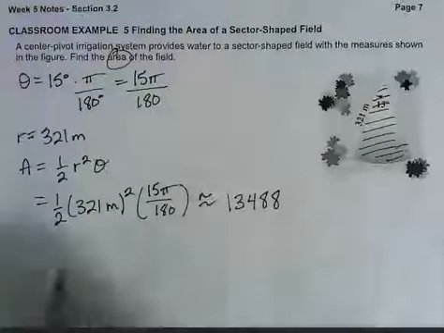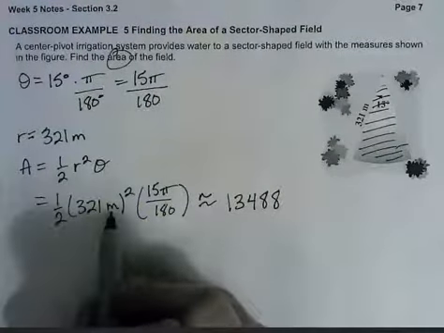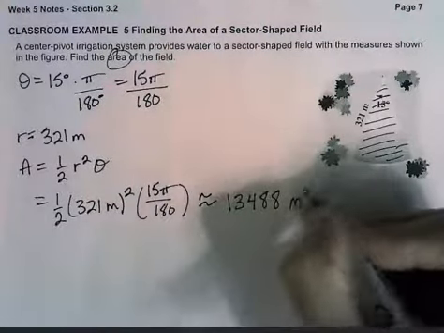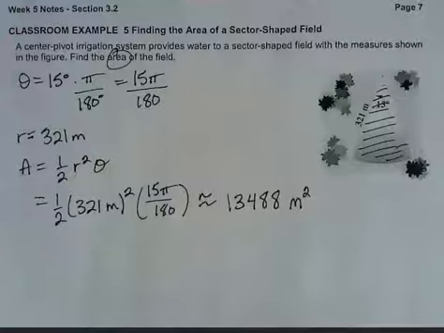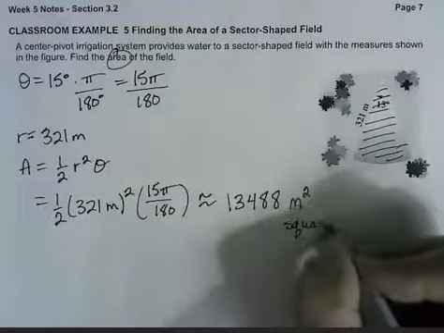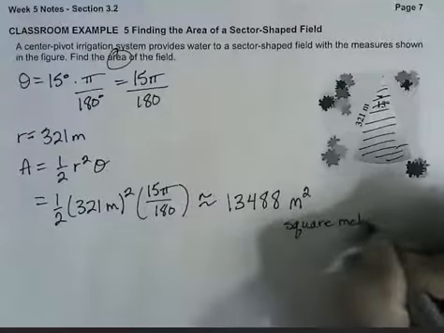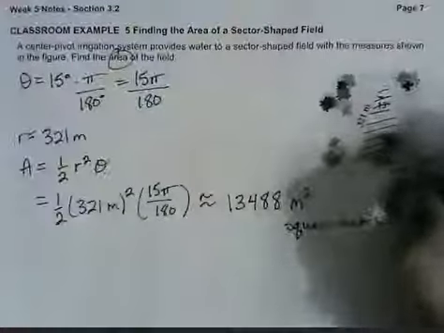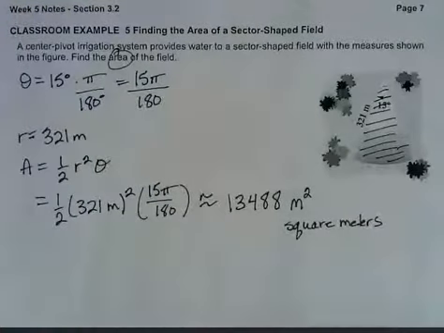And to put the units in for this one, we started out with meters here and we squared them. So the units in this answer are meters squared, or you could say square meters. That makes sense that it's squared because this is talking about an area which is 2-dimensional.